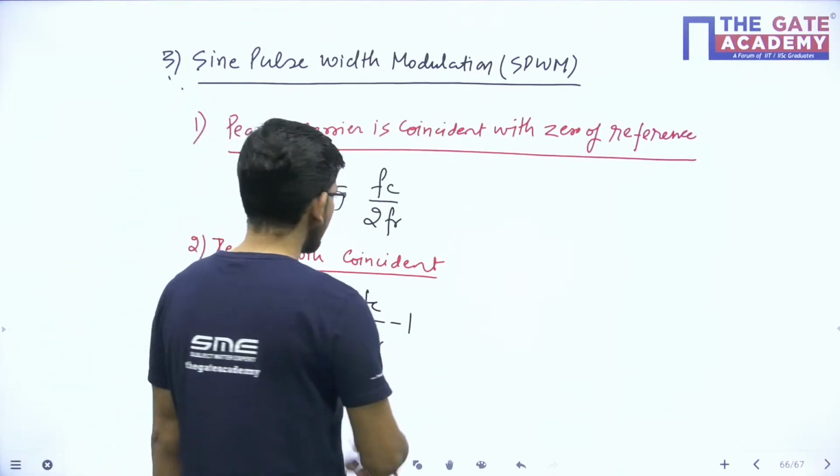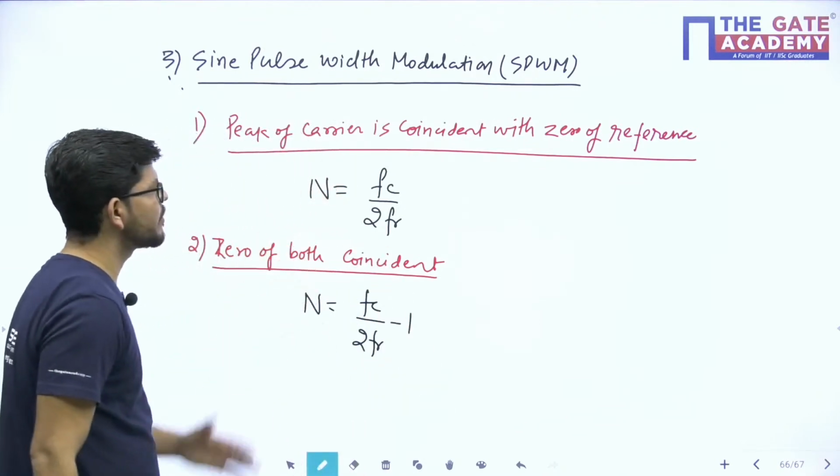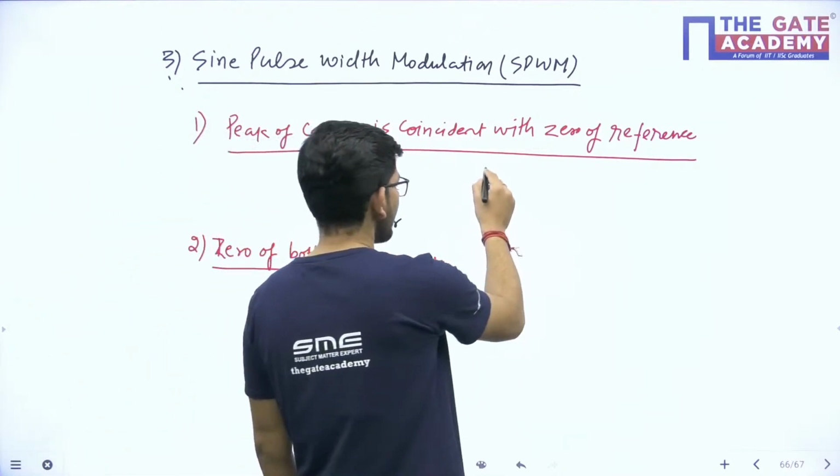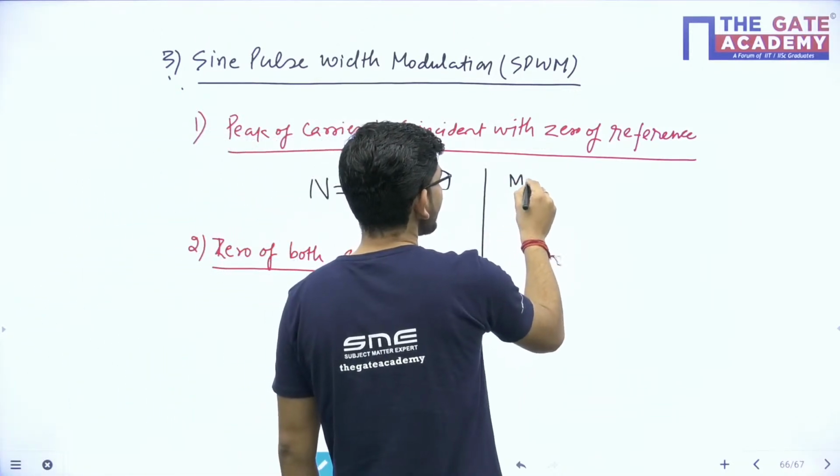Okay. So these are the important formulas regarding sine pulse width modulation. Apart from that, we have modulation index.